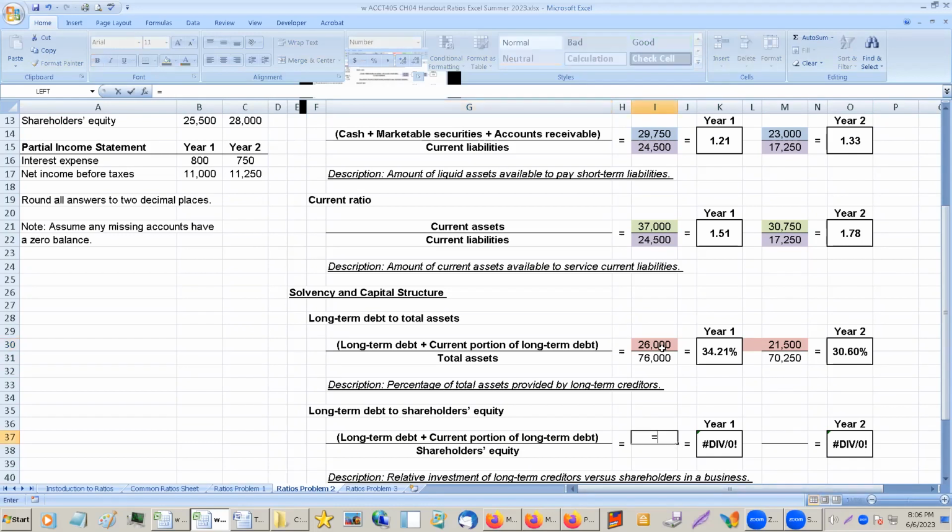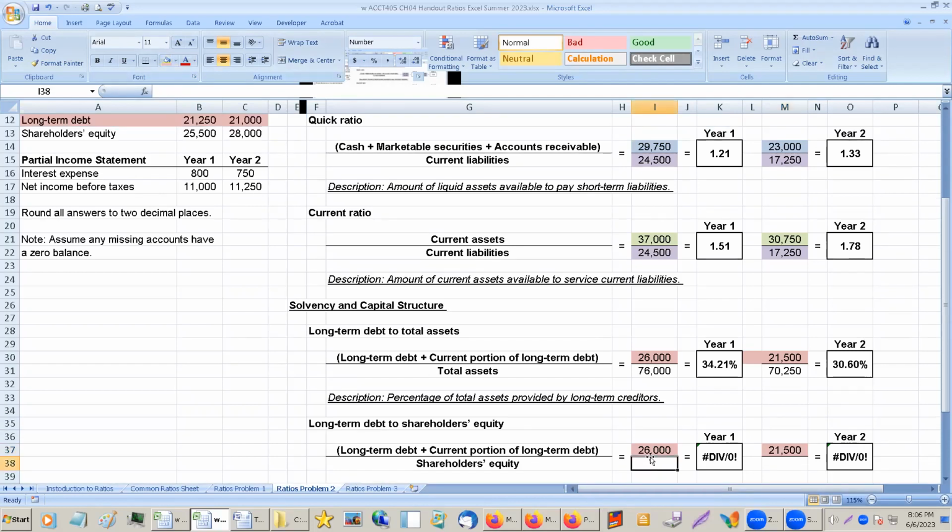Okay. This one has the same thing. Long-term debt plus, and we're going to compare that to our equity section. So here's our equity section.